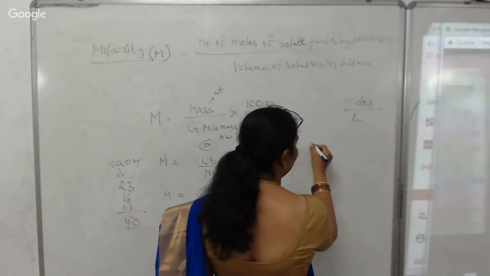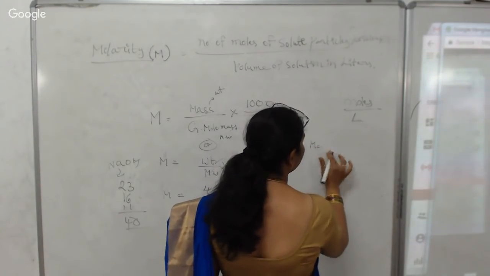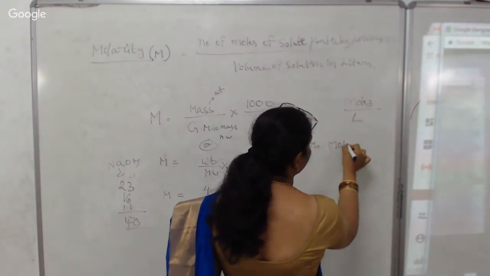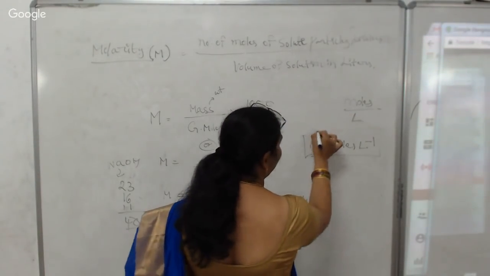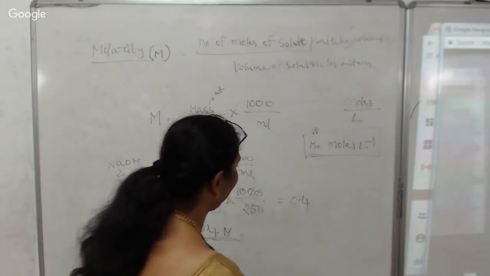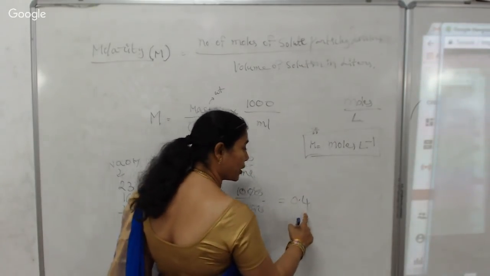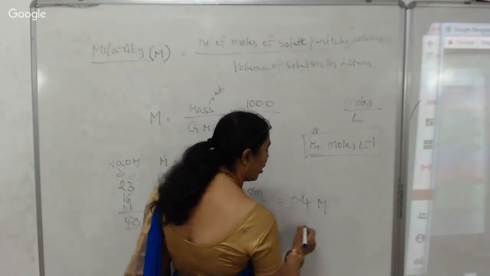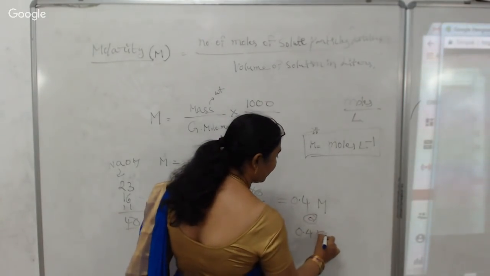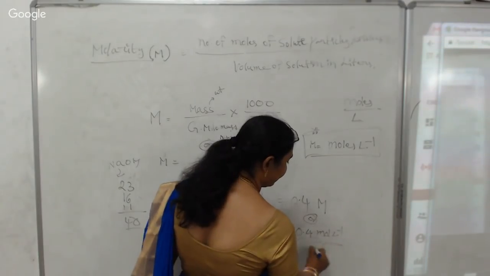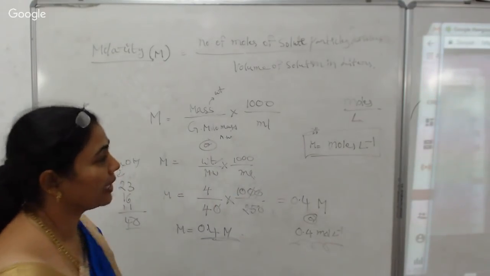So M is moles per liter. This is the unit of molarity, children, very, very important. Now the final answer you can write as 0.4 M, or 0.4 mole per liter. Is it clear?